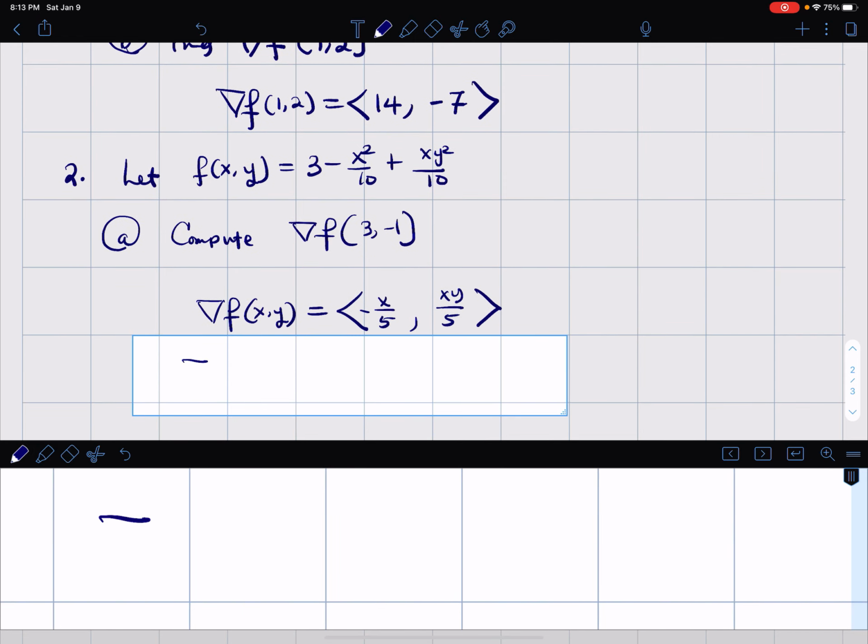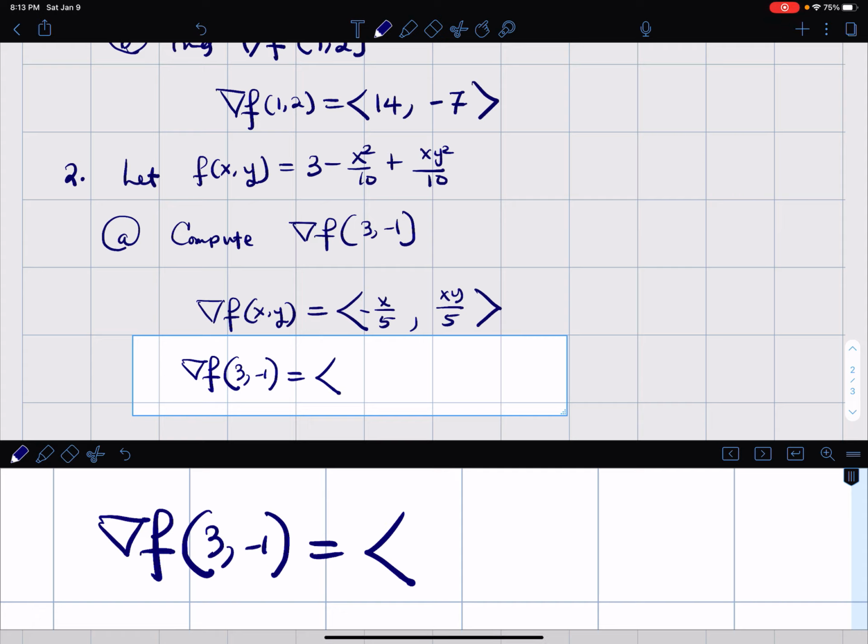And then this tells us that the gradient at (3, −1) is going to be, plugging in 3 there, −3/5, and then plugging in, you have −3/5. I think that's what we have.